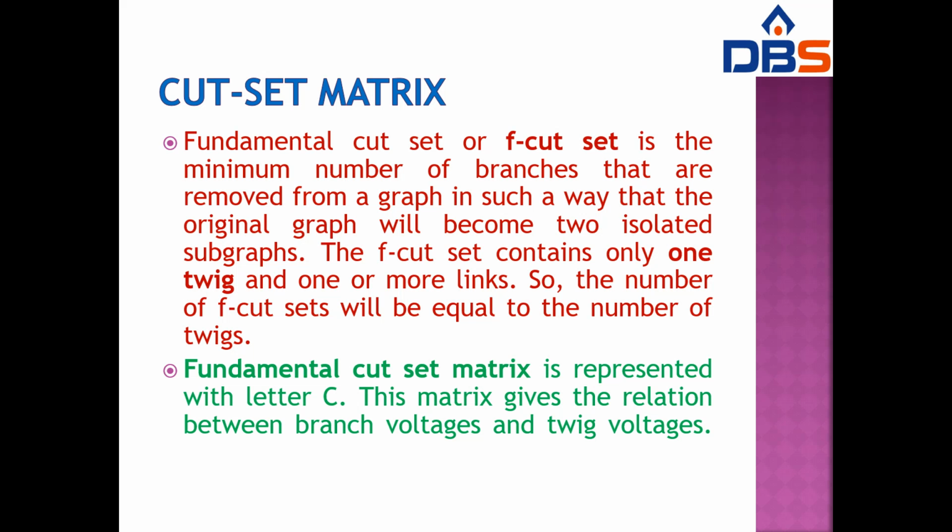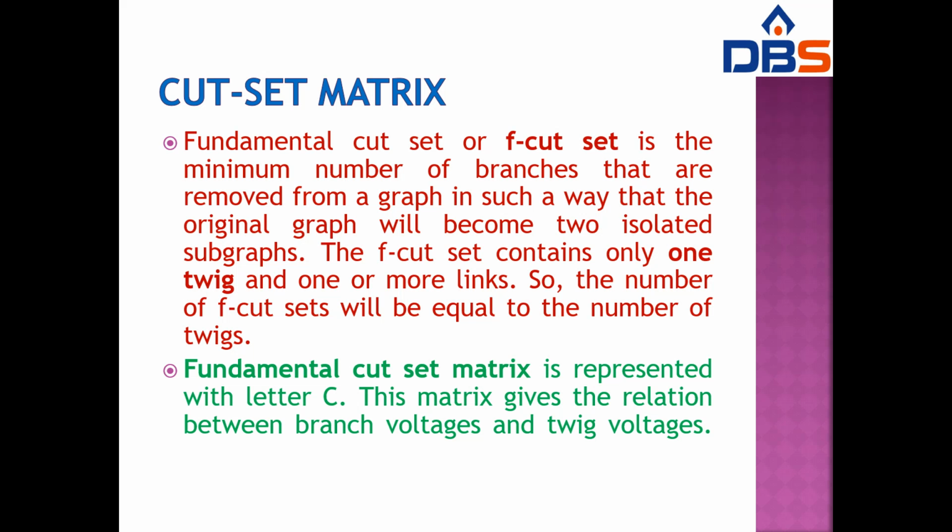So when you have to take the fundamental cut-set matrix, in the tie-set matrix the preference will be link. For one loop, there is only one link. If the number of links is there, the number of loops must be there.